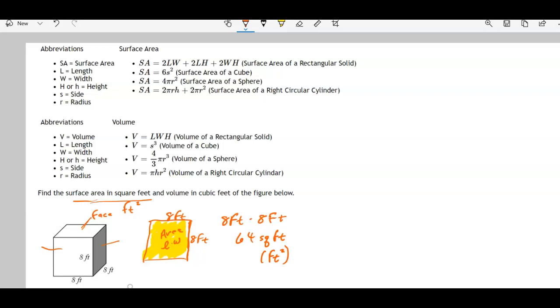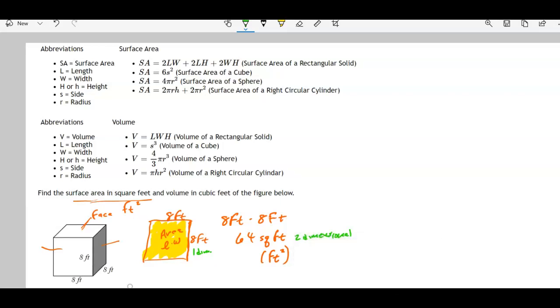That's 64 square feet, and that is an area measurement, which is two-dimensional. So 8 feet is one dimension, and this is now two-dimensional.